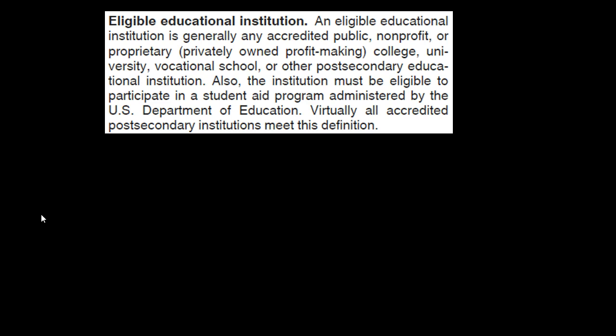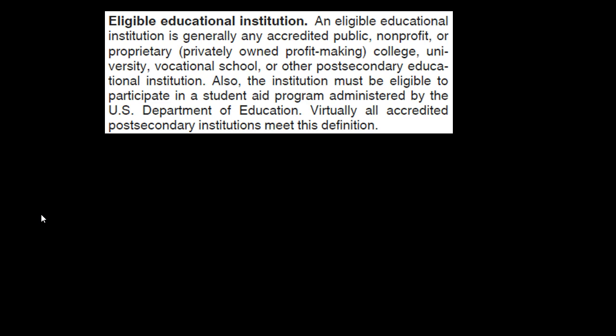Back to the text. Eligible educational institution. An eligible educational institution is generally any accredited public, non-profit, or proprietary, privately owned, profit-making college, university, vocational school, or other post-secondary educational institution. Also, the institution must be eligible to participate in a student aid program administered by the U.S. Department of Education.